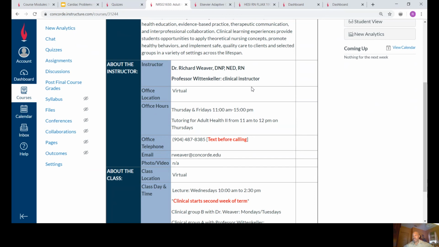Actually, I'm going to be the clinical instructor for Group B as well. She will be Group A's clinical instructor, and I will be Group B. And this is because of this whole virtual environment situation that we're in. Office location, virtual, as you can see here.